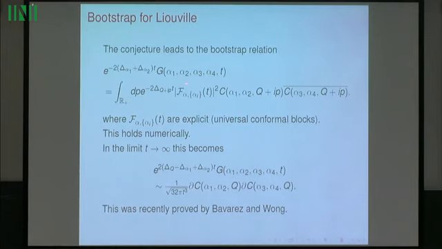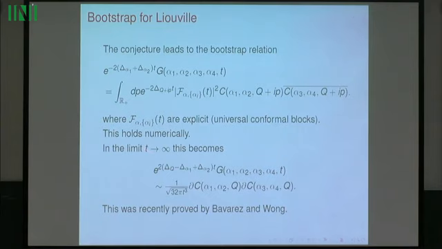Numerically, this was checked a long time ago and it is certainly correct. And if you now take the limit of this as t goes to infinity, it either goes to 0 or blows up exponentially, so you normalize it so that you get something finite.